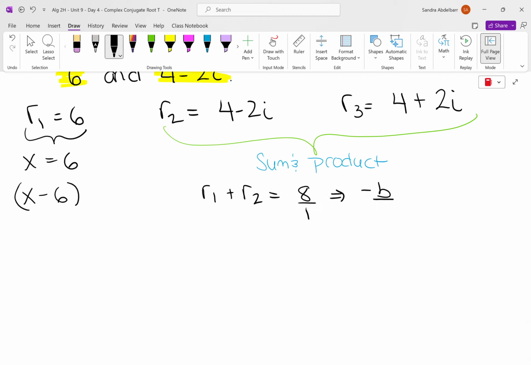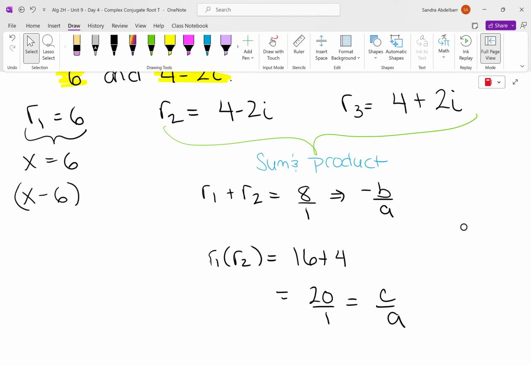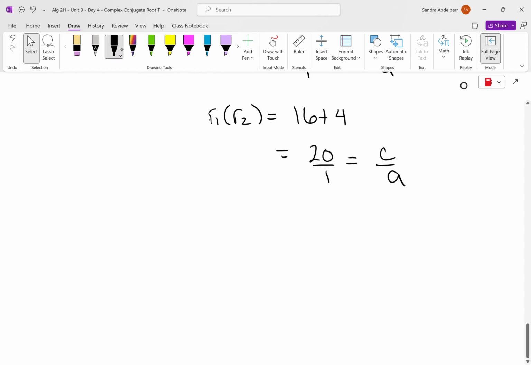So we are going to have root 1 plus root 2 is going to be 8 over 1. That's negative b over a. Root 1 times root 2 is going to be 16 plus 4, which is 20 over 1. That gives me c over a.